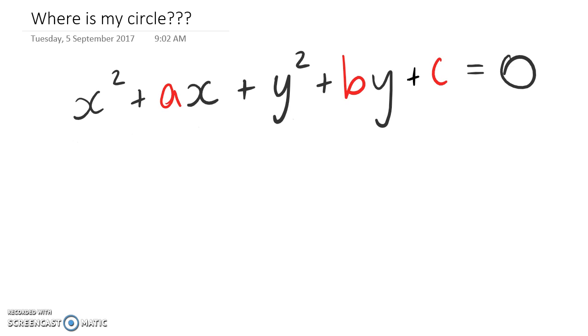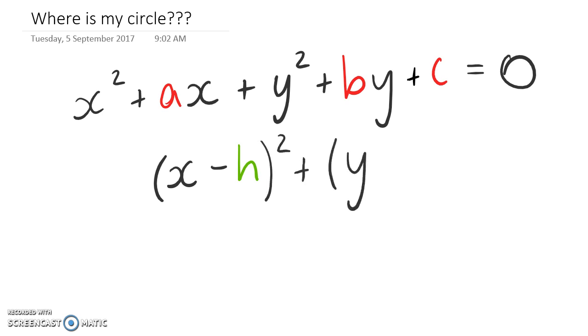So that's why it's really important that we can transform this into a form that looks like x minus h squared plus y minus k squared equals r squared.